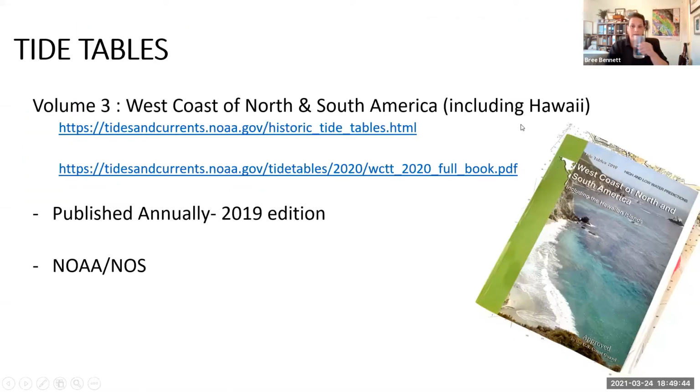Okay, so our tide tables are published annually, part of the Nav Pubs system. They're published by NOAA, NOS, the National Ocean Service. Yes. But you can also get them online.